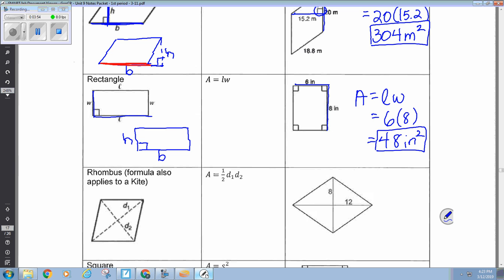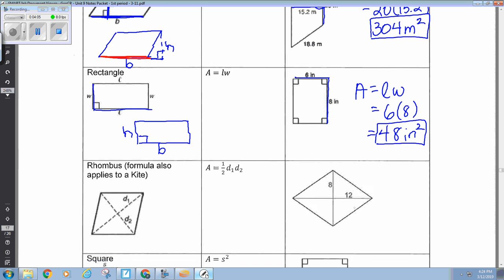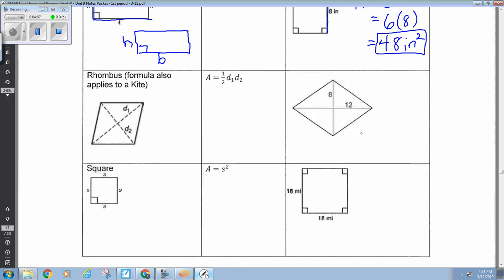Our third type is for the rhombus. Now notice that this formula also applies to a kite, which we will study in our next unit. But for a rhombus, we concentrate on the diagonals. We concentrate on the diagonals when we're doing the area. Notice that the diagonal extends from one end of the shape to the other. So you have to know the entire diagonal. You can't just know half of it. You have to know the whole thing.